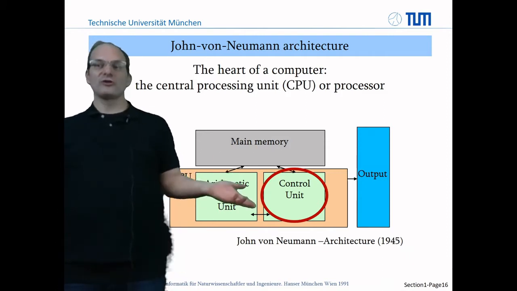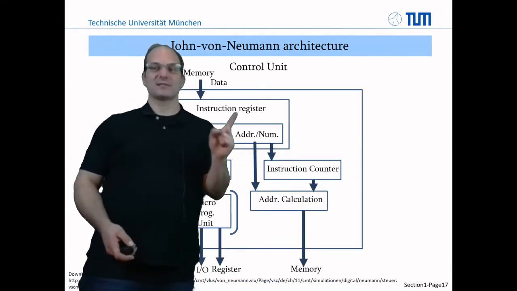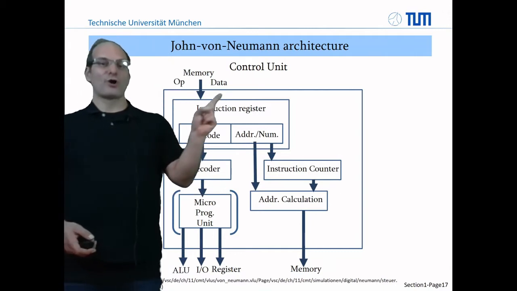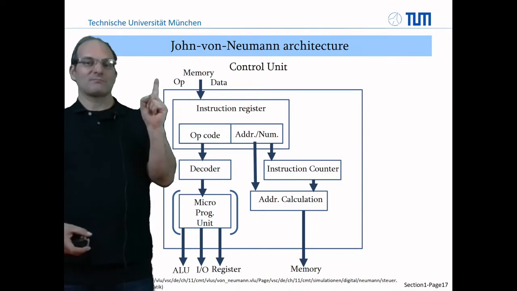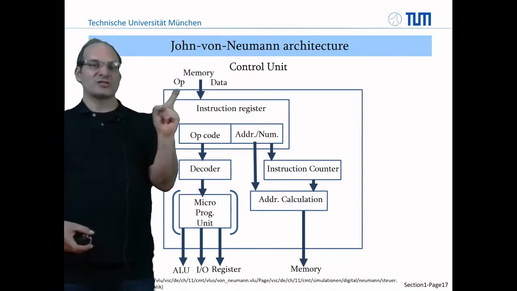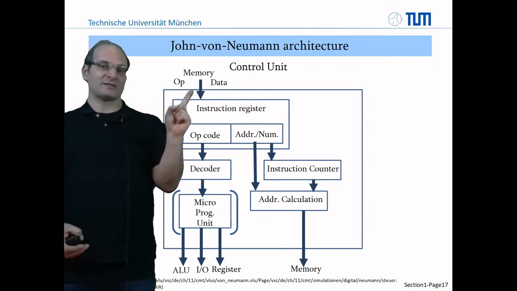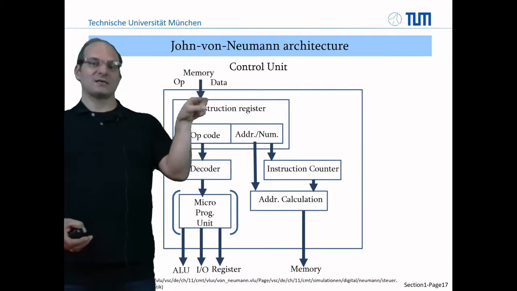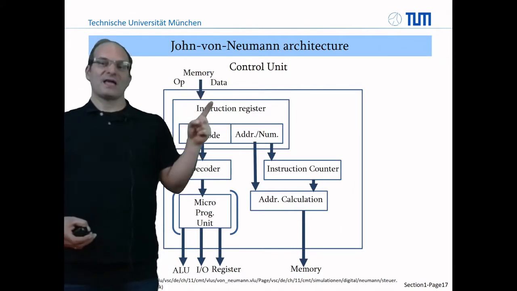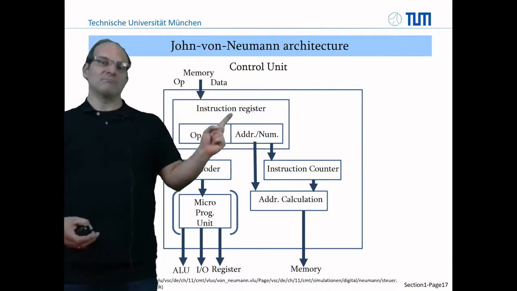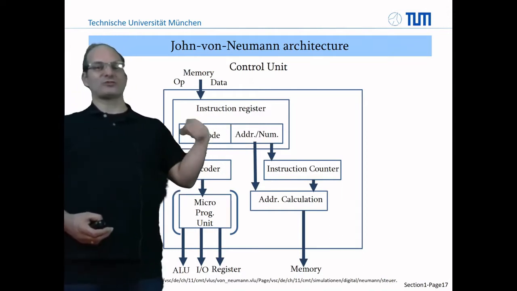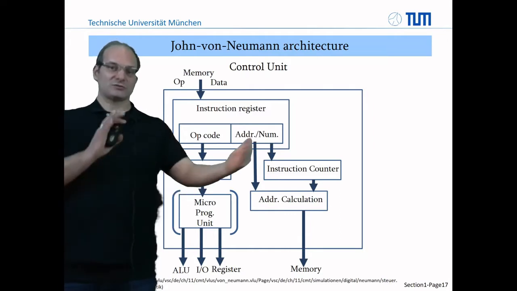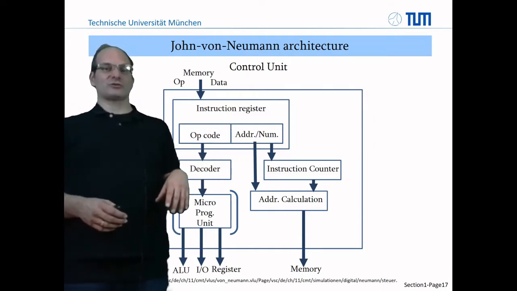So the control unit takes our program or our single command, which is based on an operation code, so the real command, and the data. So we send in operation and data, and then we have it somewhere locally in an instruction register, so that we can process this small piece of zeros and ones.